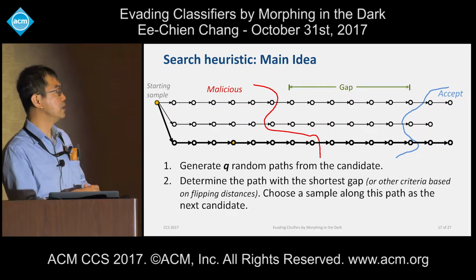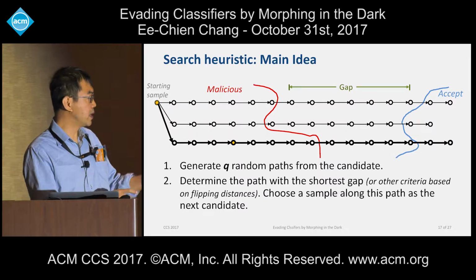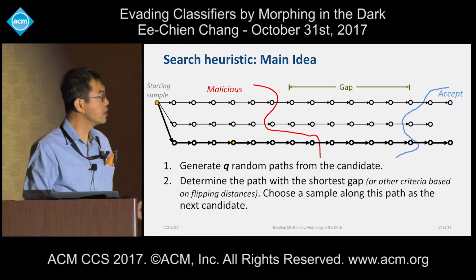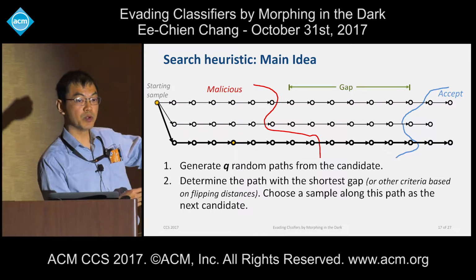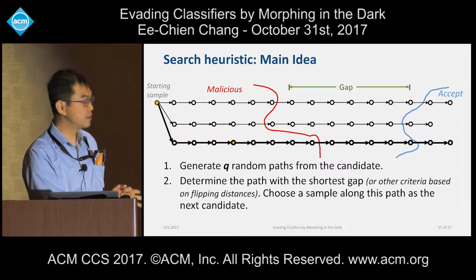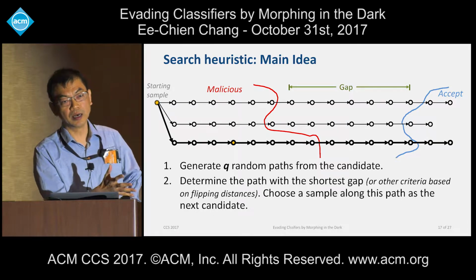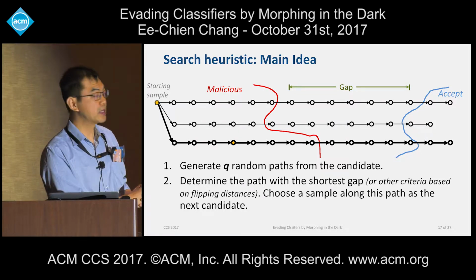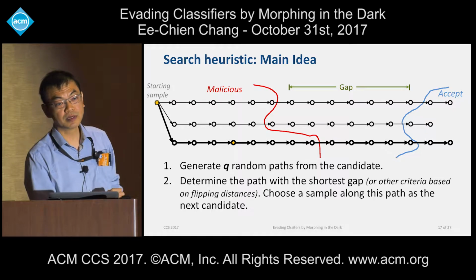From here, we can derive our search algorithms. The main idea is quite simple. First, start from the starting sample, the sample that we want to evade. We generate a number of random paths, and from the random paths, we estimate the expected gaps, and from there we choose the one that is the minimum, the smallest.